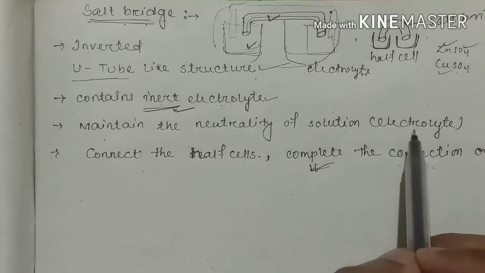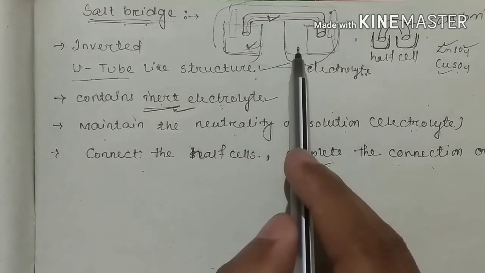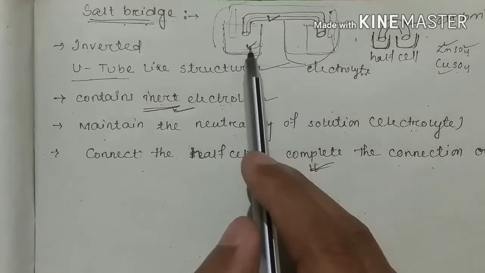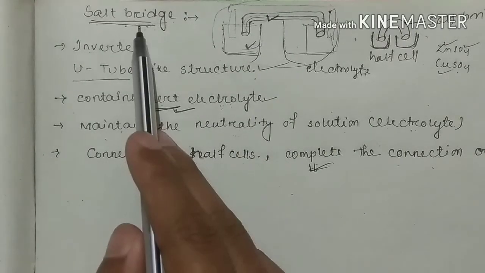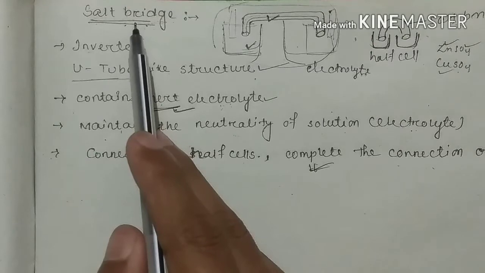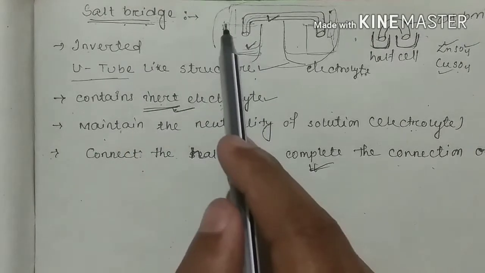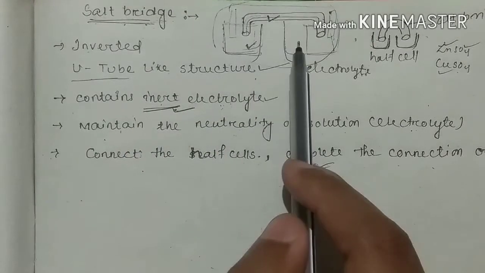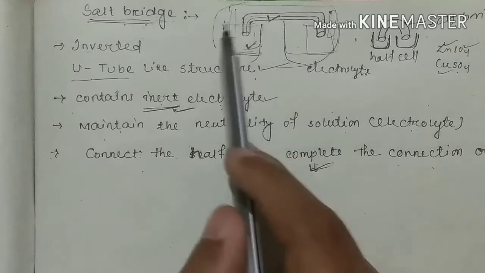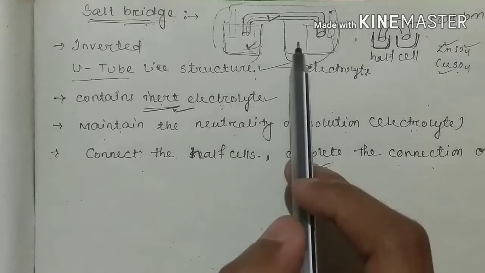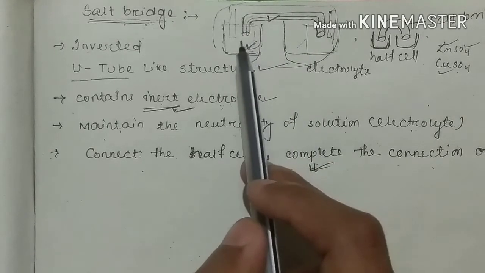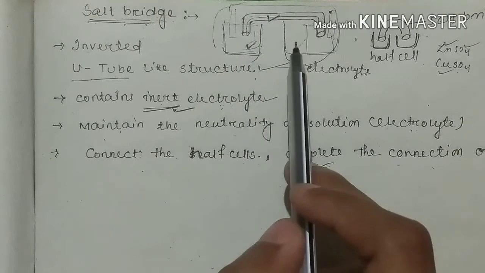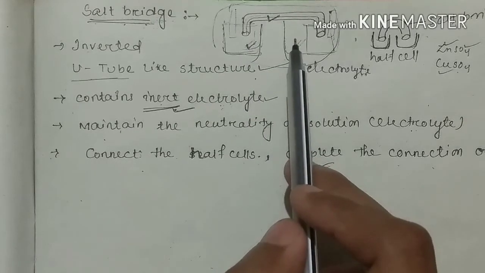It means the electrolyte present in the half cells has neutrality, which is maintained by the salt bridge. How does it work? We know that in this device a redox reaction is taking place. It means in one half cell oxidation is taking place and simultaneously in the other half cell reduction is taking place.